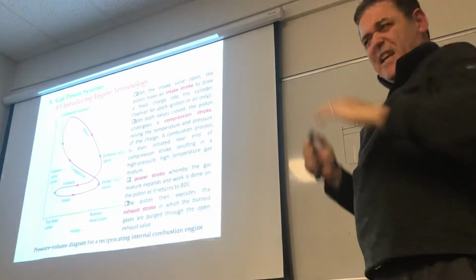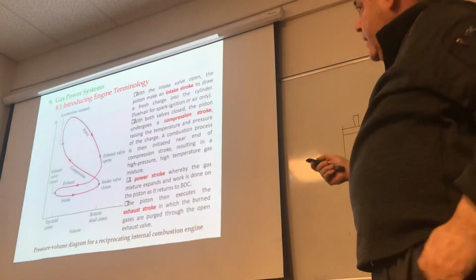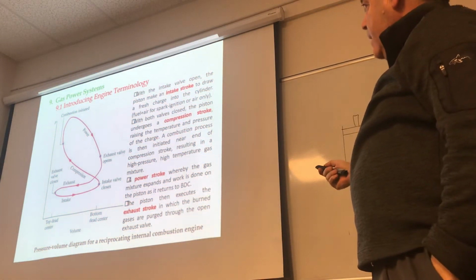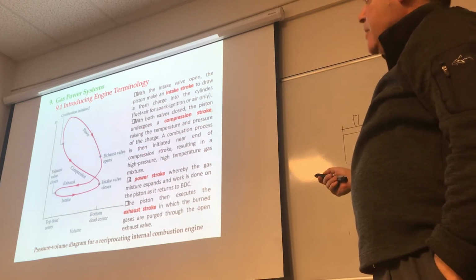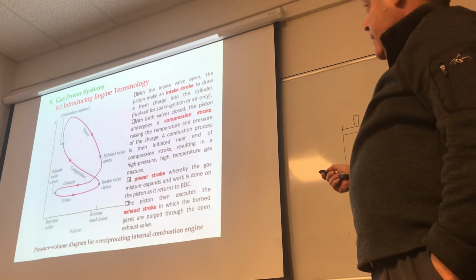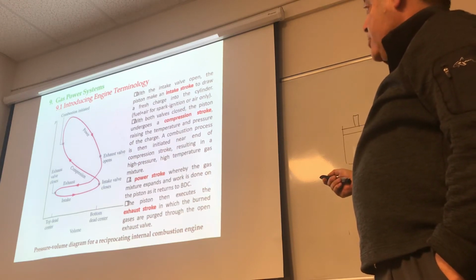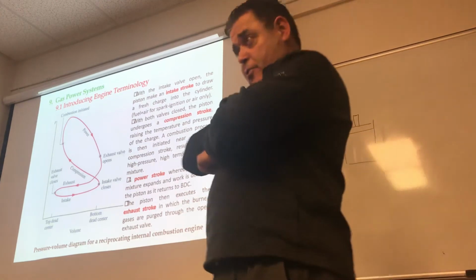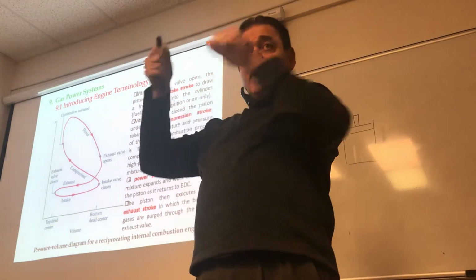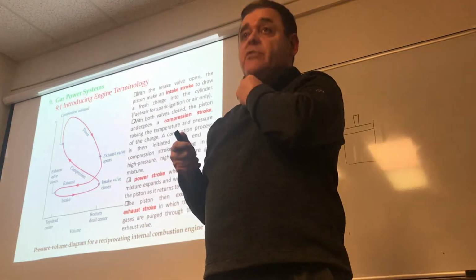It's really compressed. Then a combustion process is initiated near the end of the compression stroke, resulting in a high pressure, high temperature gas mixture. Now it's an exothermic reaction, so you're creating a high temperature, high pressure because of the combustion.